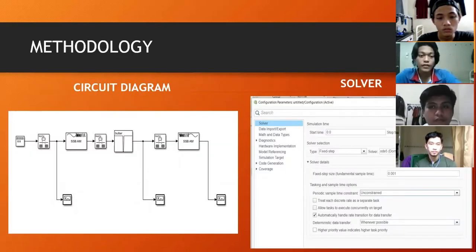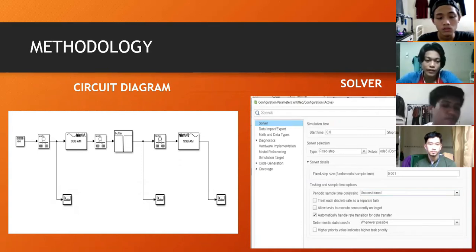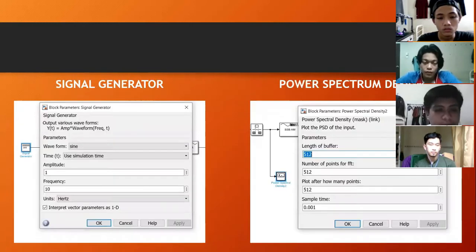For methodology, this is our circuit diagram for single sideband full carrier and the solver. For the signal generator, we use amplitude 1, frequency 10 Hz. For power spectrum design, length of buffer we use 512, number of points of FFT 512, plot after how many points 112, sample time 0.001.